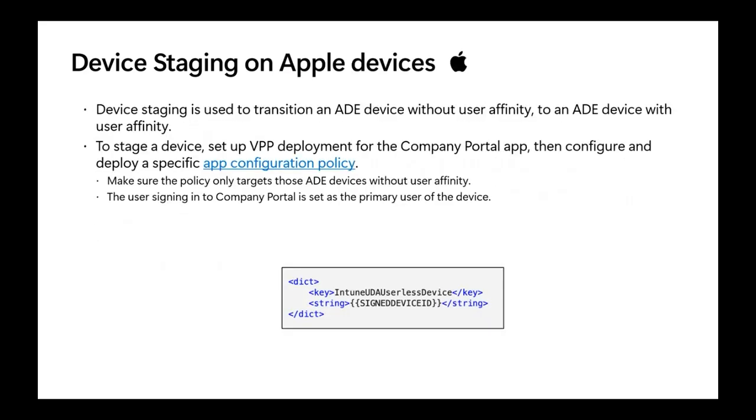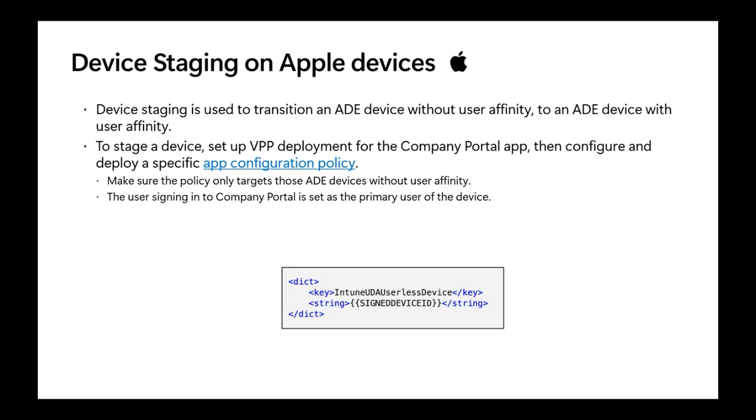On Apple devices, the way that this works in detail is that it takes a device that's enrolled with ADE from without user affinity to having user affinity. And this is performed through a specific app configuration policy. You can do a search for our documentation to learn more.